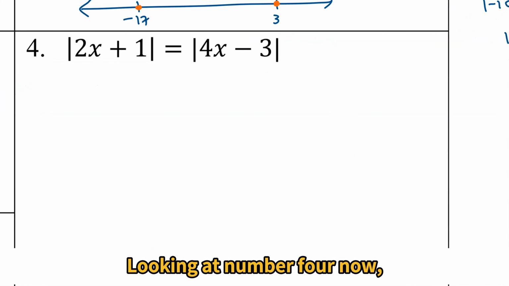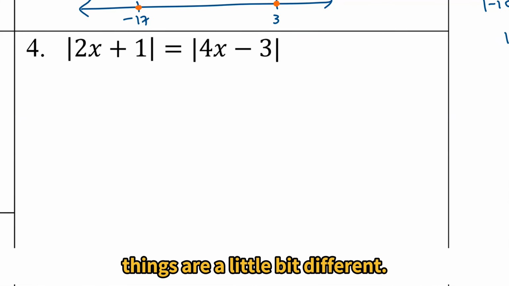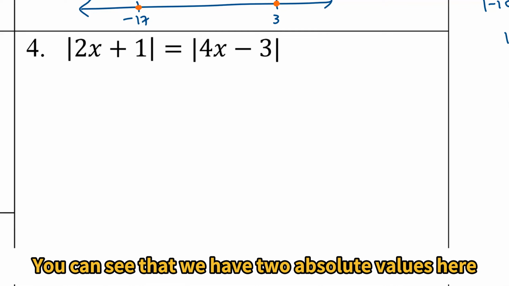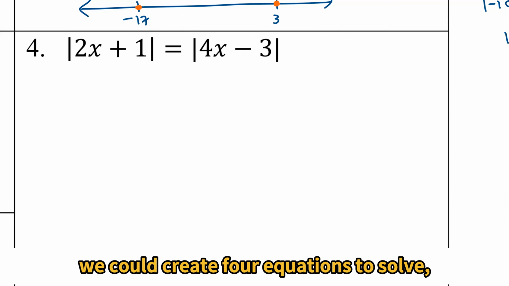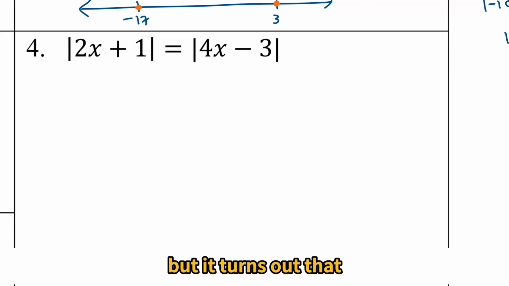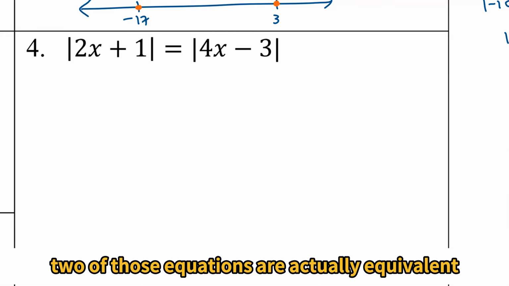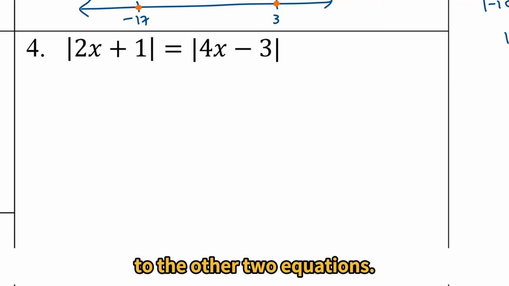Looking at number 4 now, things are a little bit different. You can see that we have 2 absolute values here, and these 2 different absolute values, we could create 4 equations to solve, but it turns out that 2 of those equations are actually equivalent to the other 2 equations.